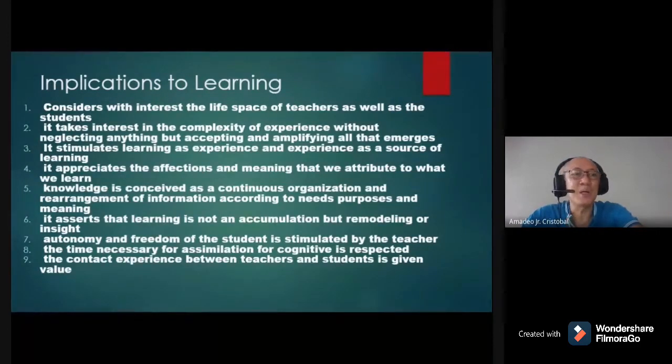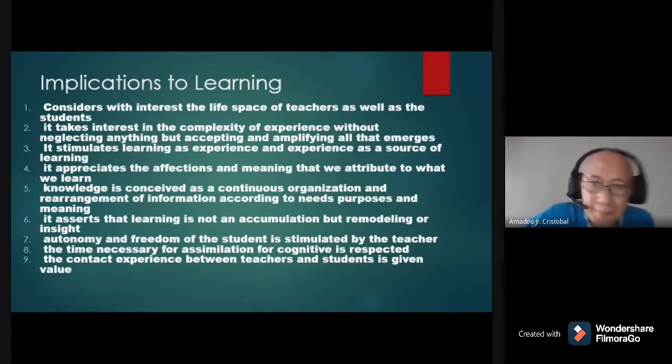Number two, it takes interest in the complexity of experience without neglecting anything but accepting and amplifying all that emerges. So when we say complexity of experience, it is what you are now experiencing while we are in this new normal. And of course, this new normal gives us complexities of experience.